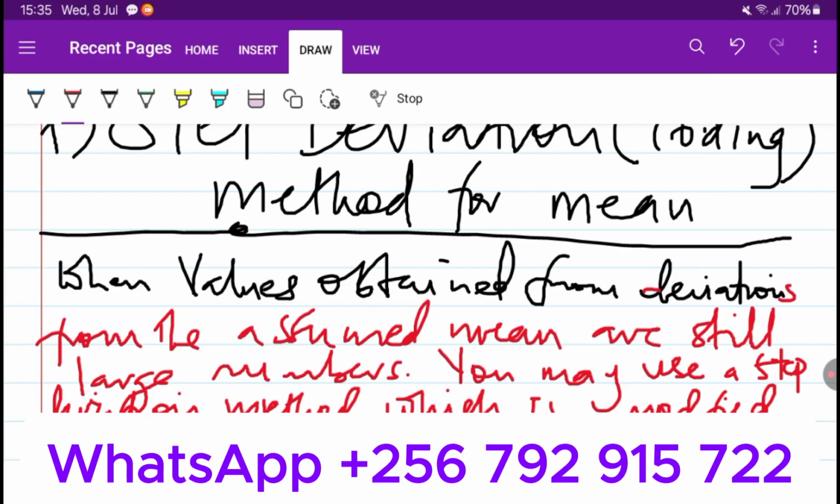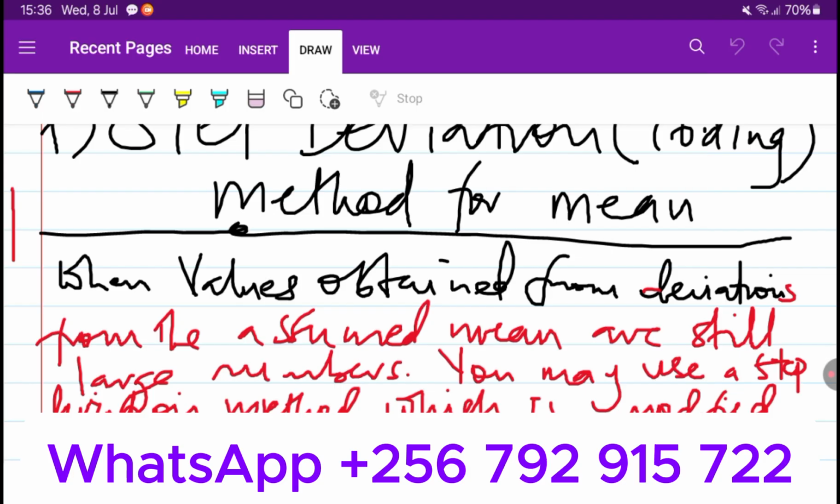So we still use the same principles of the assumed mean, whereby we assume a given mean, but when we find these data values are still very high values, then we end up with a different approach. But still, we will be getting the same answer. So what am I going to do? I'm going to use the same question that we have just finished.